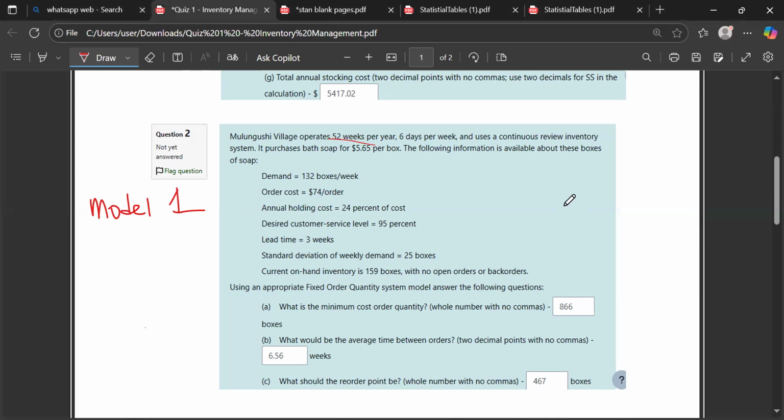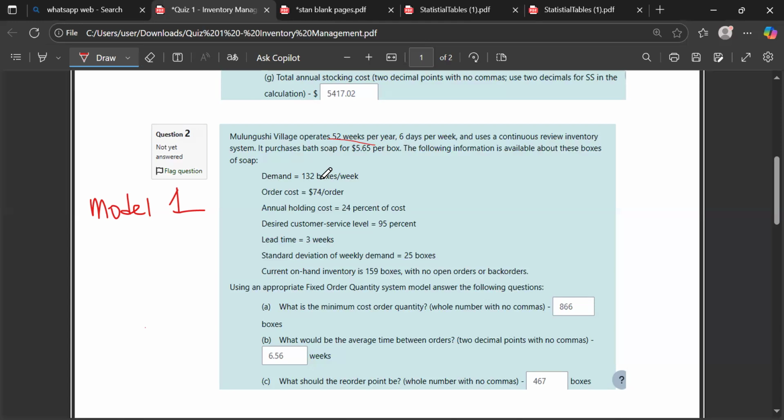As we look at question 2, our weekly demand is 132, over 52 weeks. Order cost is $74. Holding cost is 24% of cost.